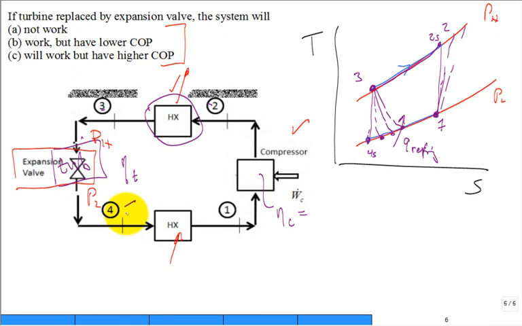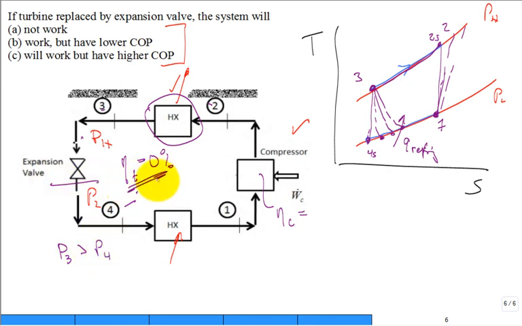All right. Well, guess what an expansion valve is? It's not just a very poor turbine, it is an extremely poor turbine. It's like a turbine with a 0% isentropic efficiency. You get no work out of that expansion valve. That's a very bad turbine. We know that the pressure at 3 is greater than the pressure at 4, but when you get to an expansion valve, an extremely poor turbine, H3 compared to H4, it's isenthalpic.